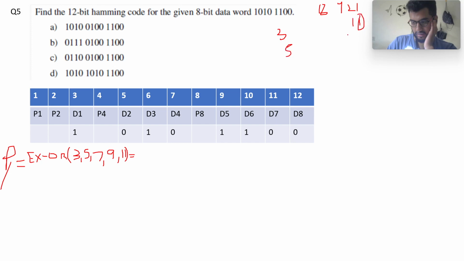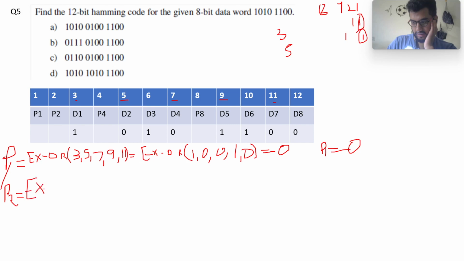You have 5, which is 4 plus 1, so 1 is here. That's why I'm saying 3, 5, 7, 9, 11. So the XOR of 1, 0, 0, 1, 0 is 0. So P1 is 0.